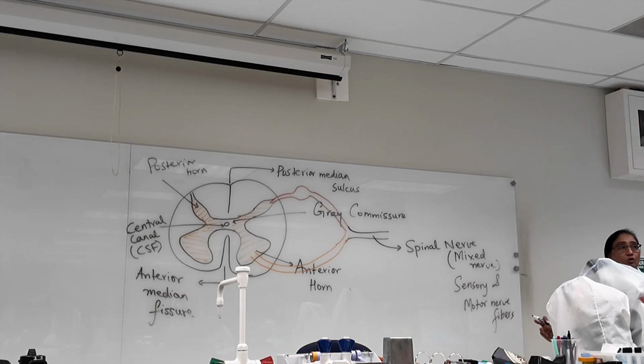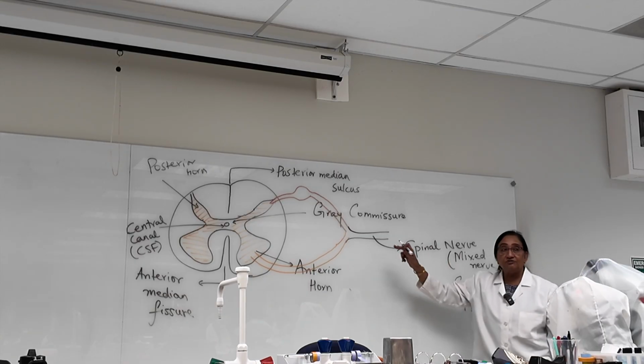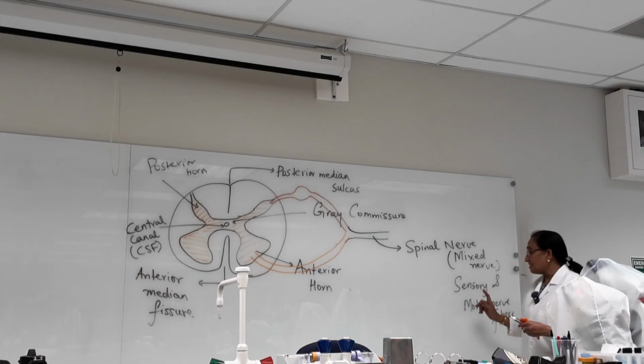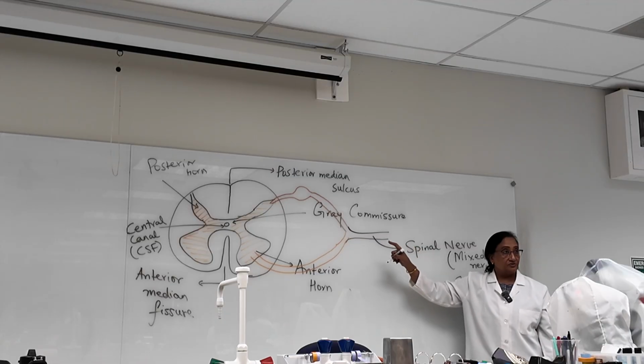Sensory means going towards the CNS, carrying information to the CNS, to the spinal cord and the brain. Motor means bringing information from the CNS to the body part. So a spinal nerve will have axons which are sensory and axons which are motor. Both. So this is called a mixed nerve.